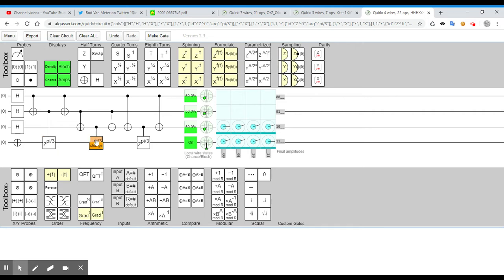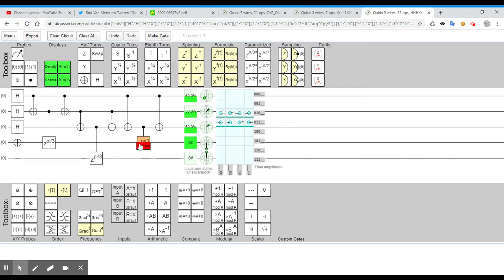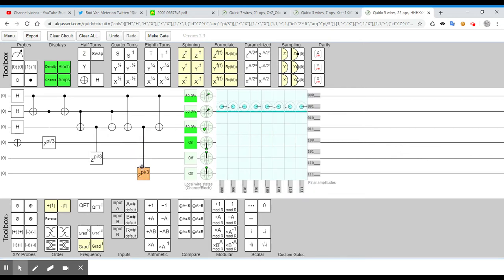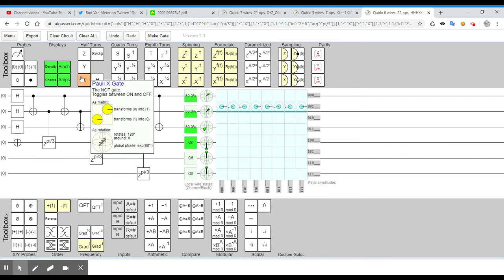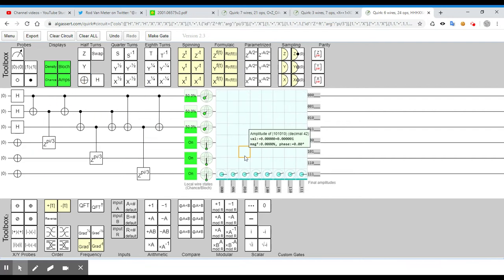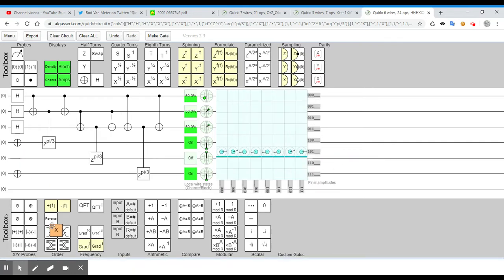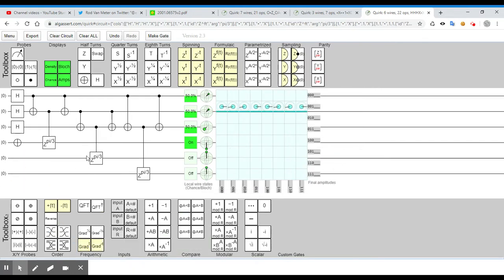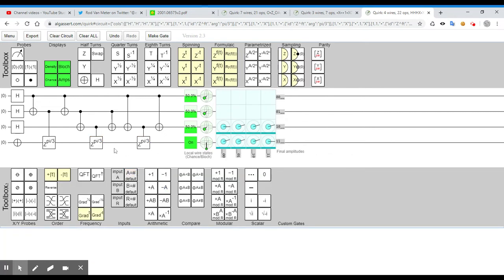Maybe it's the fact that I'm reusing the ancilla qubit, so just for the sake of testing that. If I do it like this, no, I get the same. That should be like that.